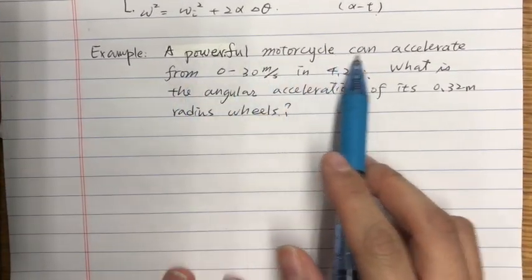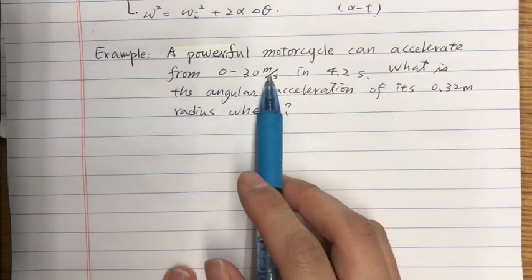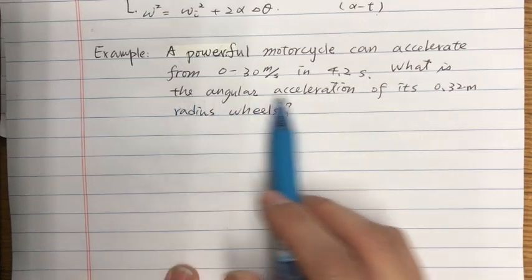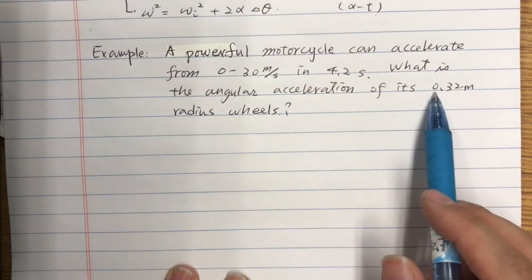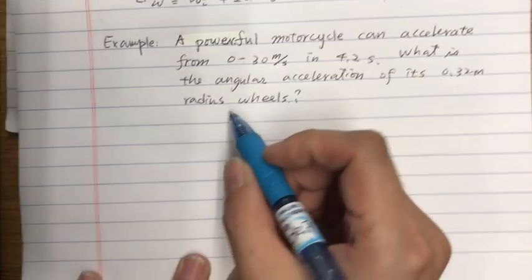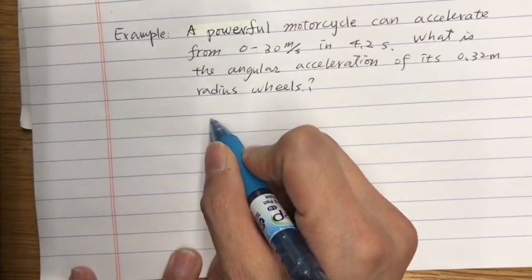A powerful motorcycle can accelerate from 0 to 30 meters per second in 4.2 seconds. Then what is the angular acceleration of its 0.32 meter radius wheels? So here I have a motorcycle.